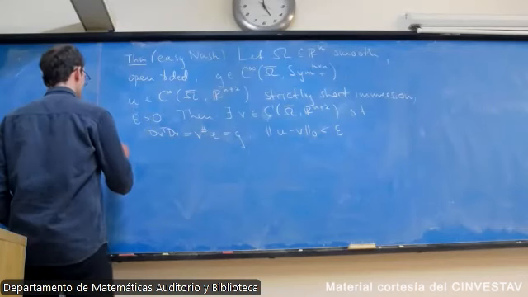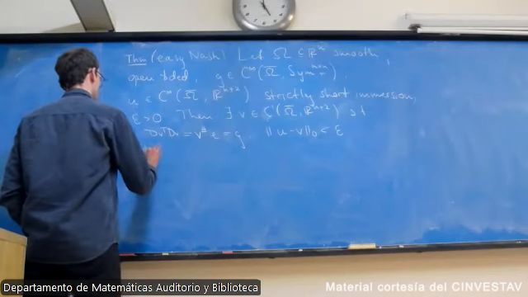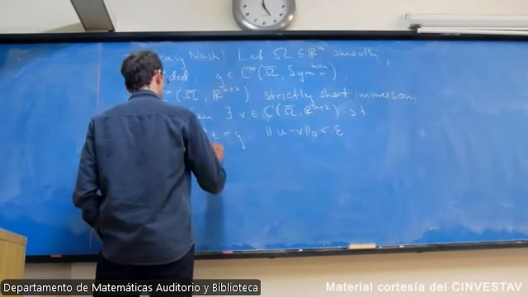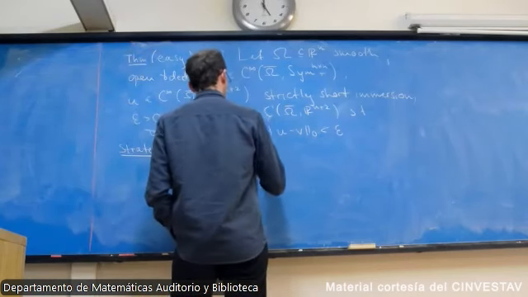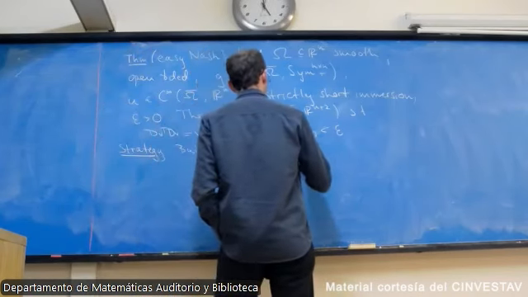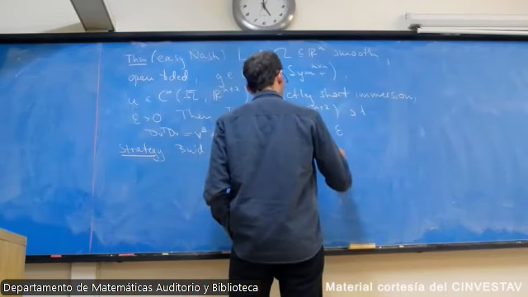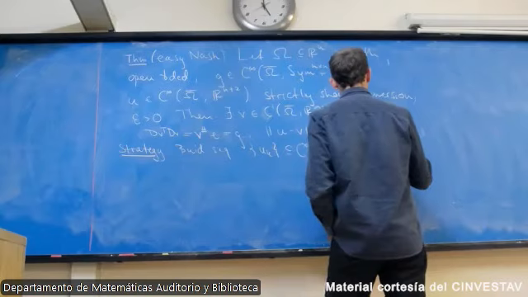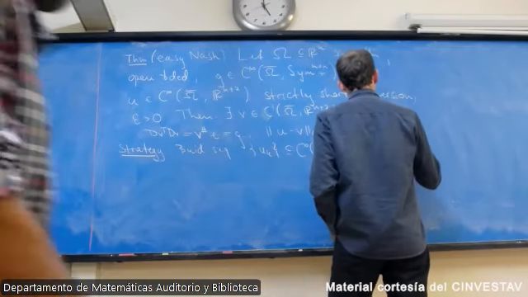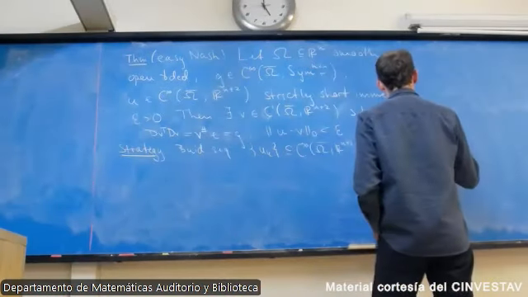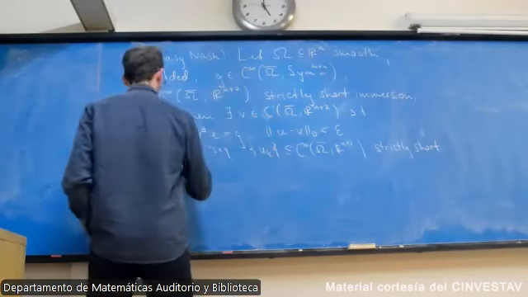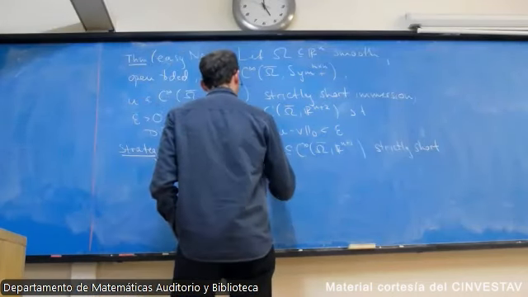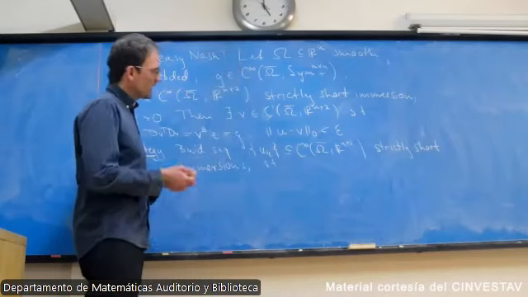So you build a sequence U_k. These are smooth, strictly short immersions, such that I'm getting less and less short.